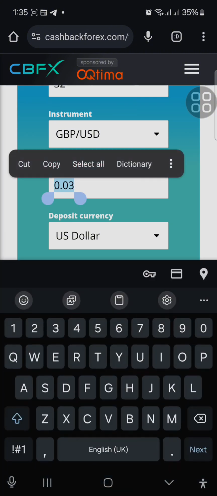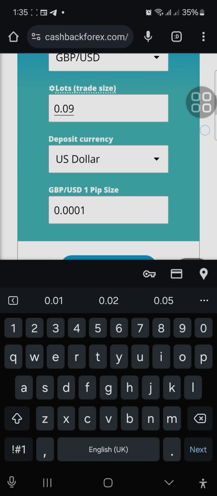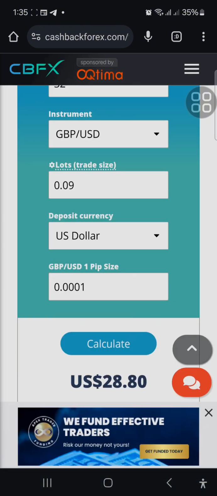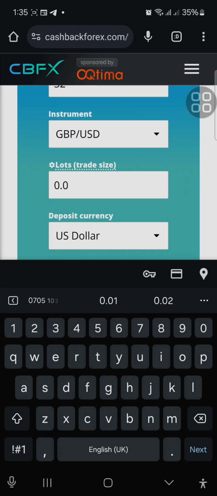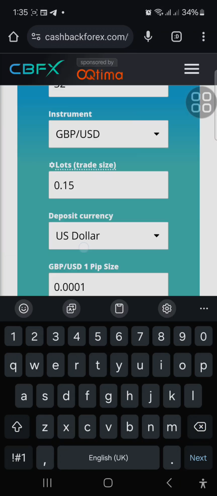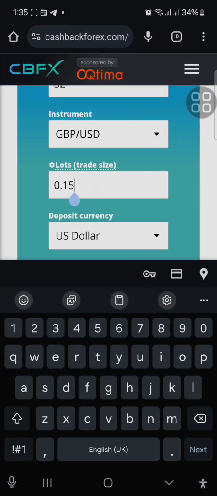That is too low, so I should maybe do a bit higher. Okay, we're getting there. I think 0.15 or so should cut it. Okay, so we are close. Let's say 0.16.